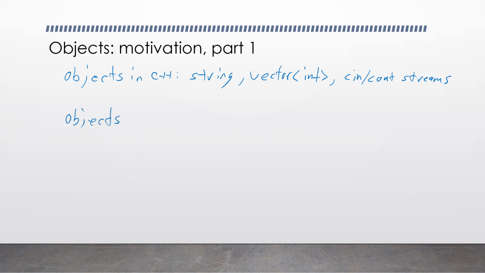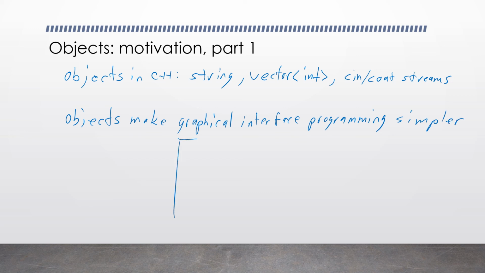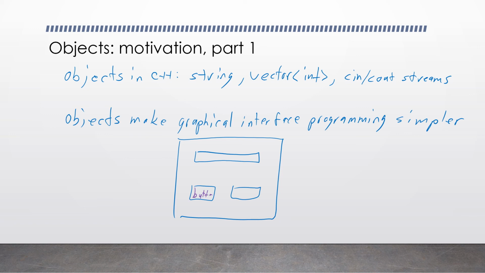Objects also make graphical interface programming, I won't say possible because we did some of it before objects, but we certainly make it simpler. Okay, if you have a window and it's taking input in the form of text and it has a couple of buttons, each one of these buttons is a button object.